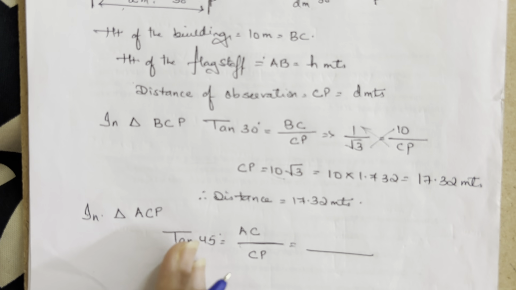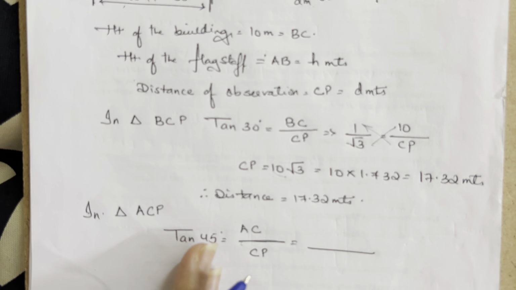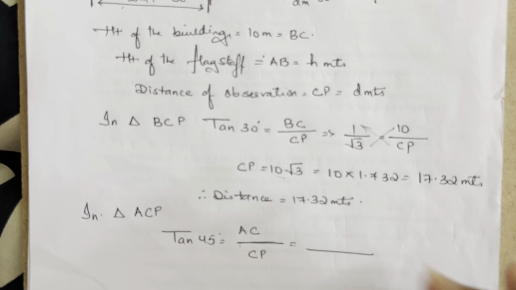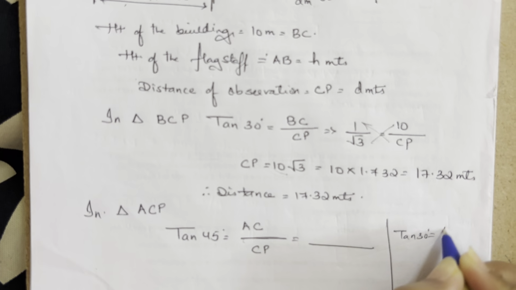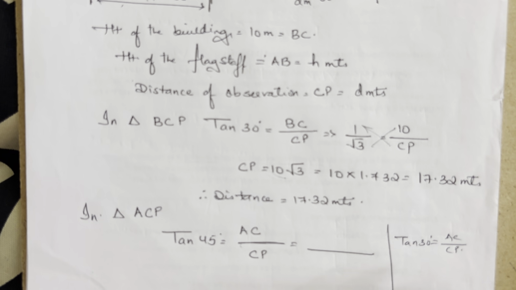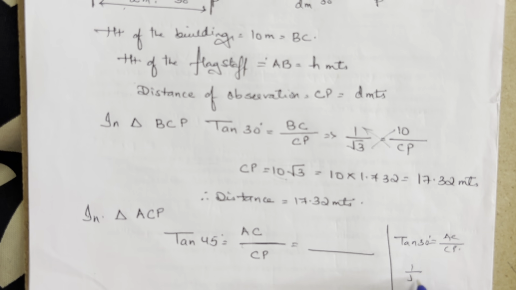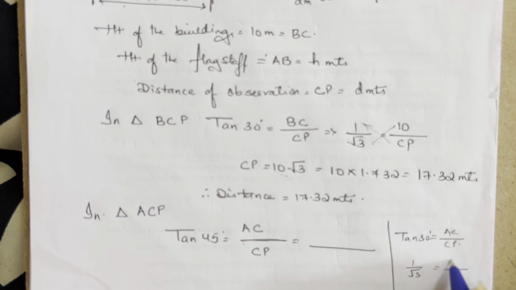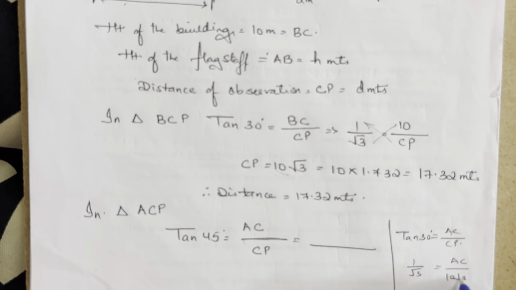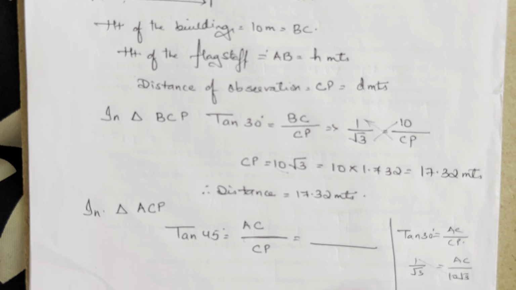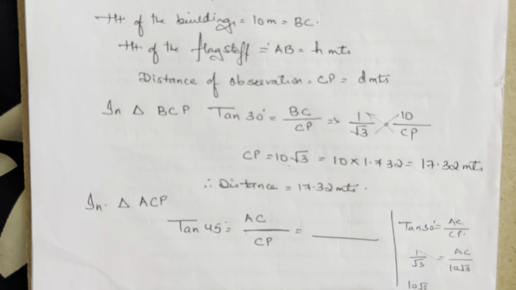But supposedly there is again another 30 degrees. So it becomes root 3, no? It would become something like this. Tan of 30 degrees is equal to AC upon CP. So tan 30 is 1 by root 3. And again, I know AC will repeat like this. CP is 10 root 3. So when I send it towards the other side, it becomes 10 root 3 upon root 3.